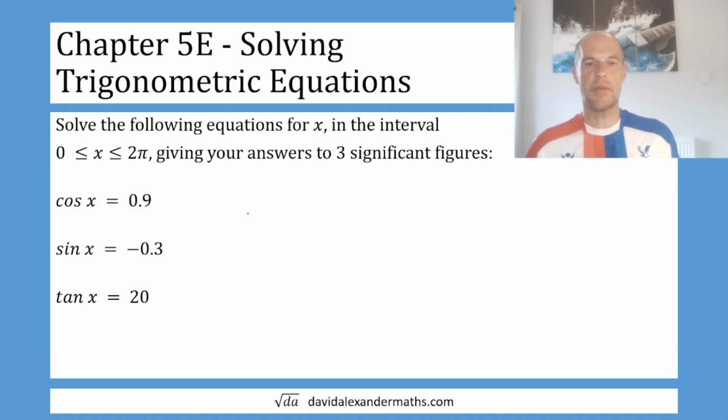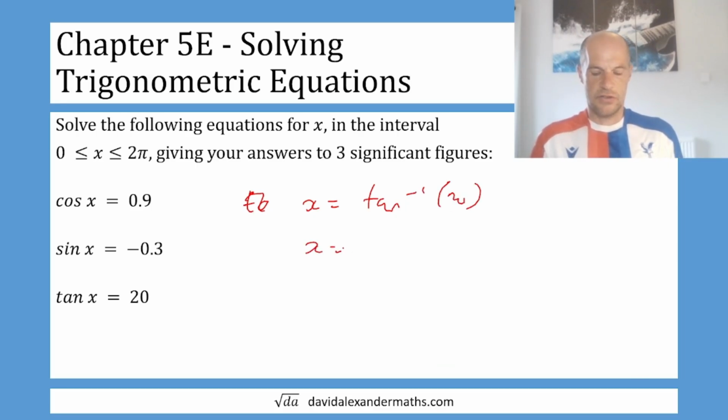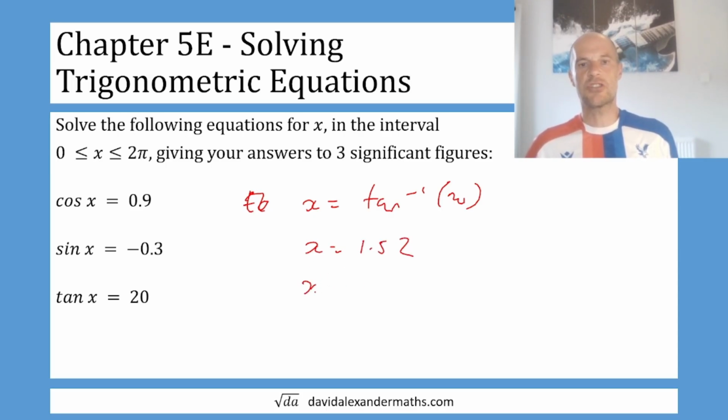So for tan, it's much easier. So x is the inverse tan of 20. So shift tan 20, I'm getting 1.52. And remember that with tan, it just repeats every 180 degrees, and 180 degrees is pi radians. So all I'm doing is adding pi each time.